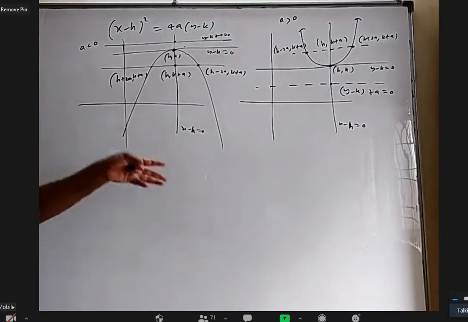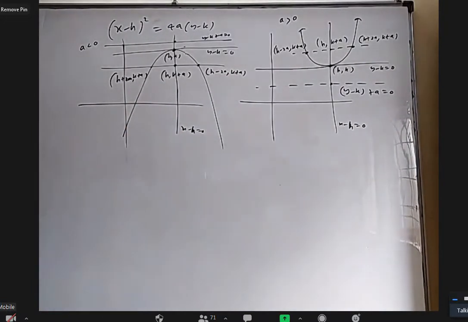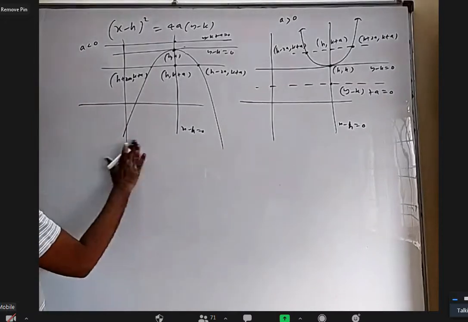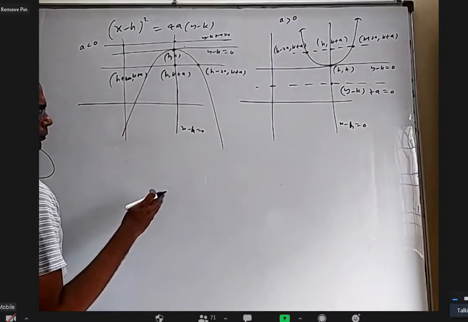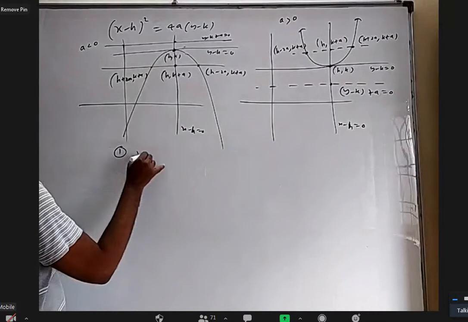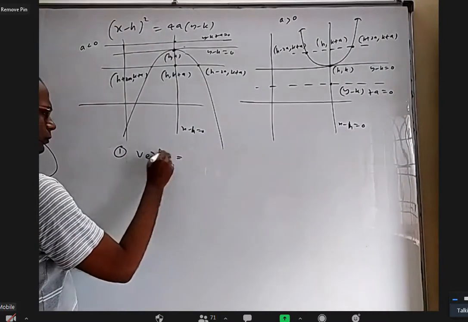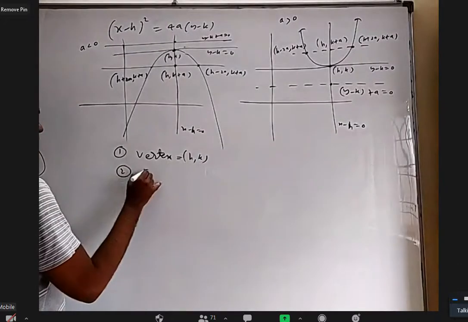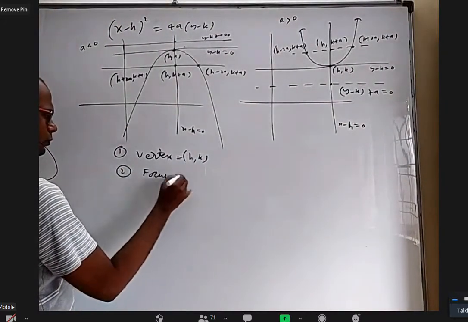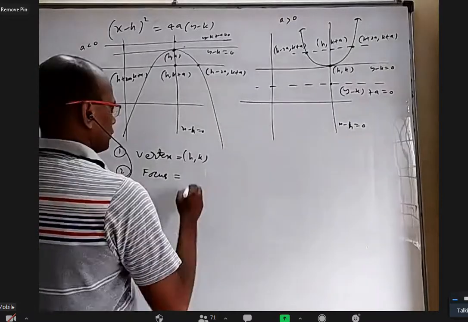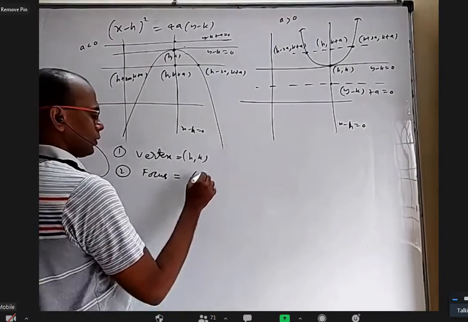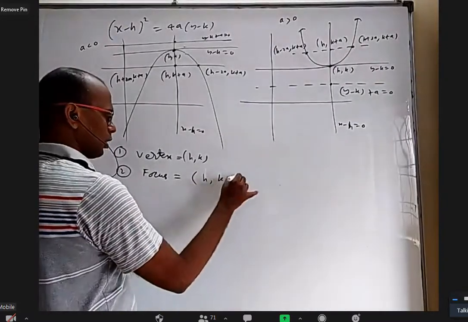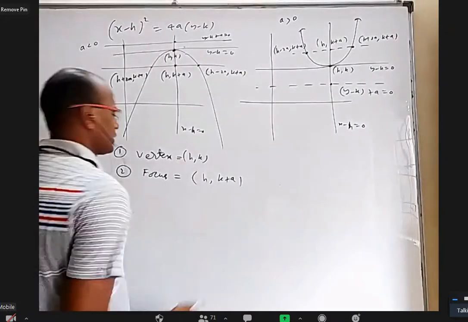Practically everything we marked on the figure itself, but so that you get clarity. First, the vertex is (h, k). Focus is (h, k plus a); normally it is (0, a), I have to add h and add k.